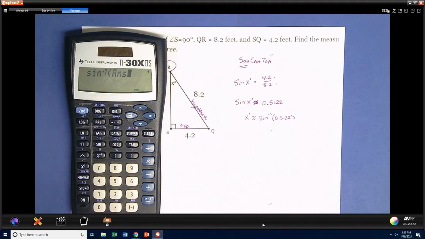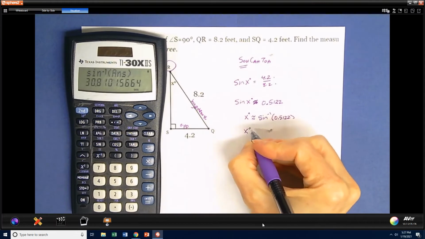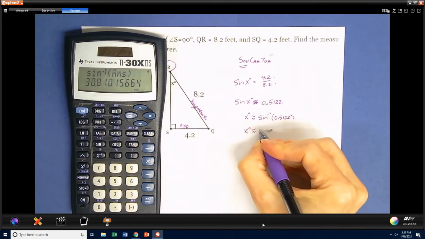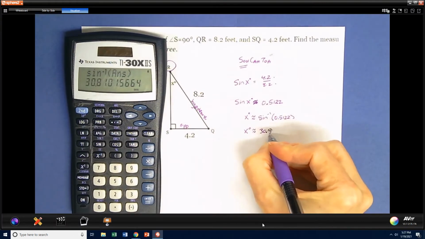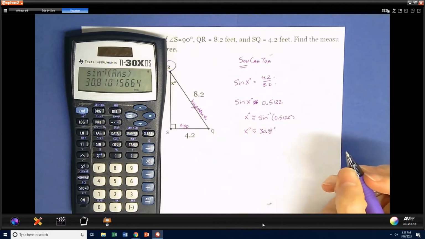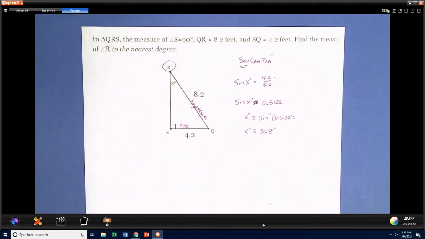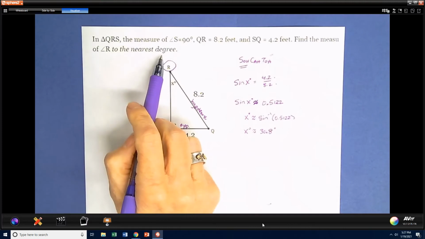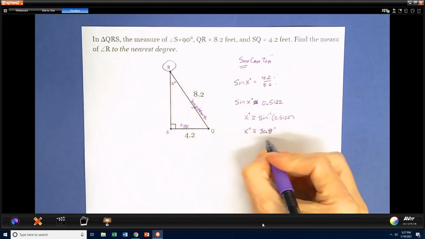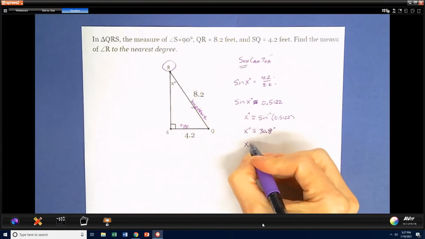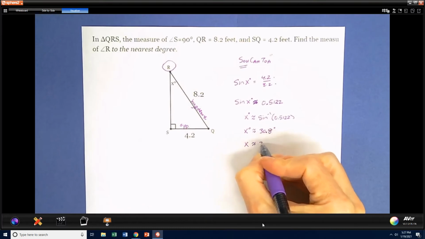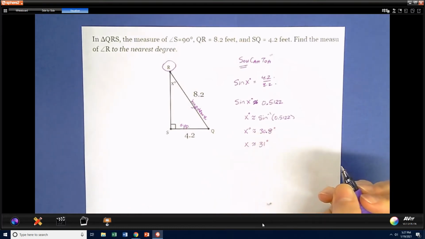I hit enter, and I get my answer. X is about 30.8 degrees. Now they wanted us to round off to the nearest degree, so I'm rounding up. X is about 31 degrees.